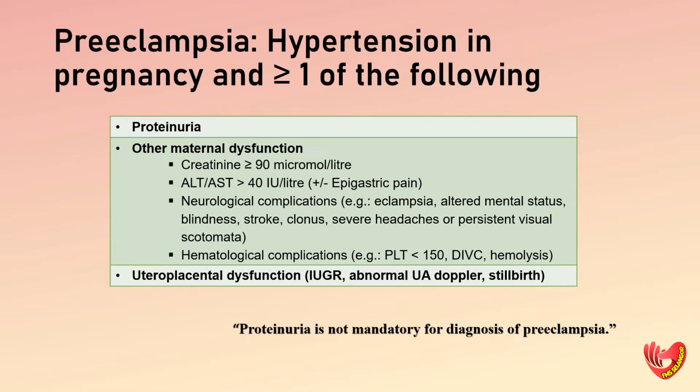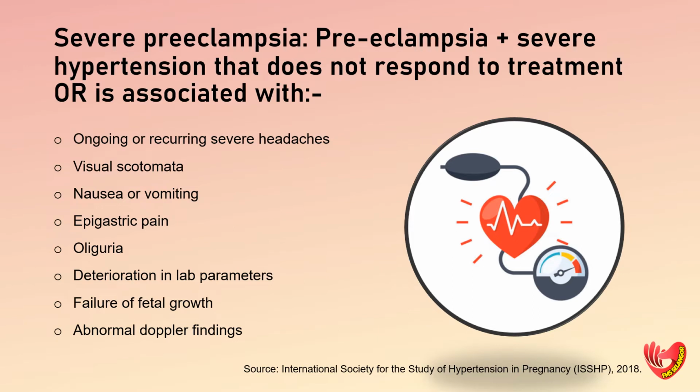In addition to that, if there is the presence of uteroplacental dysfunction as evidenced by intrauterine growth restriction, abnormal umbilical artery Doppler, or stillbirth. A more severe form of preeclampsia is when there is severe hypertension not responding to treatment or the presence of any of the following symptoms, such as ongoing or severe headaches, visual scotomata, nausea, vomiting, epigastric pain, oliguria, deterioration in lab parameters, failure of fetal growth, or abnormal Doppler finding.